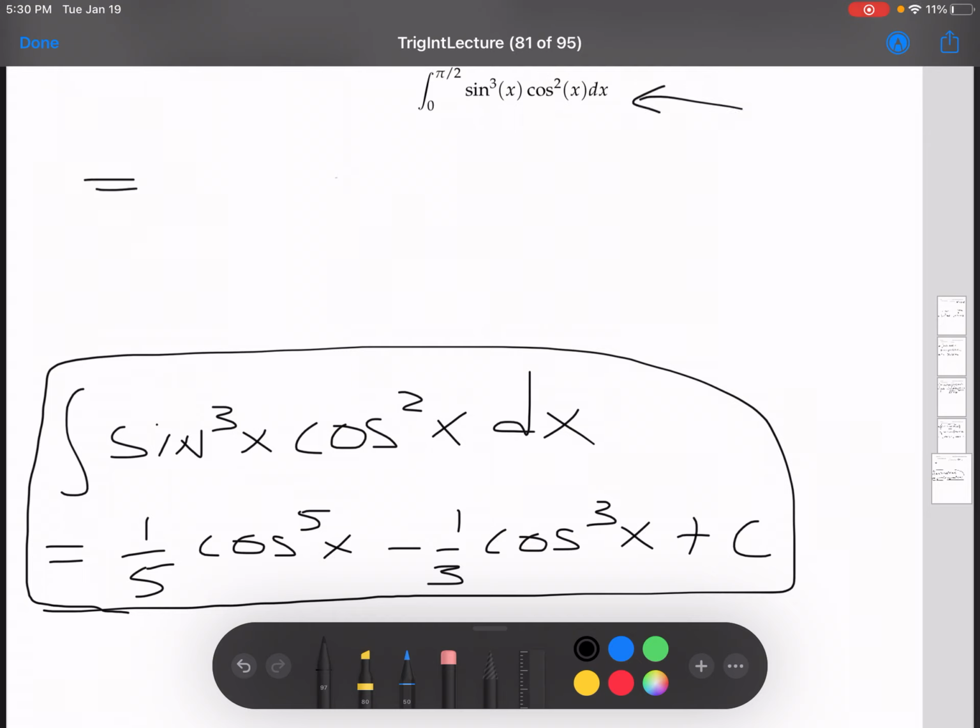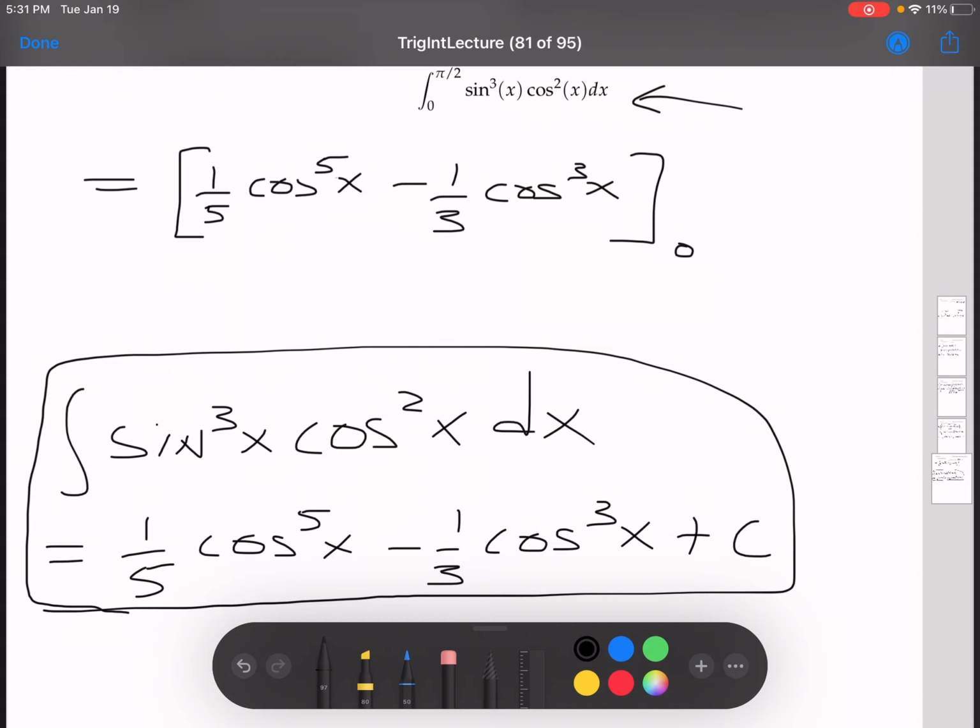Remember, think about how you would do this: first you'd find the antiderivative, and then you plug in the bounds. So I already have the antiderivative there, 1/5 cosine to the 5th x minus 1/3 cosine cubed x. I'm going to evaluate this from 0 to pi over 2.